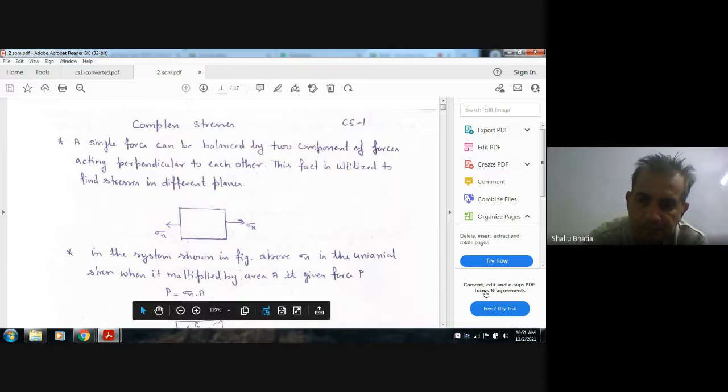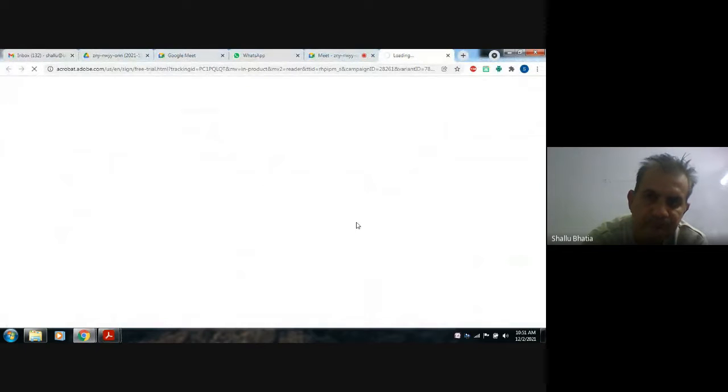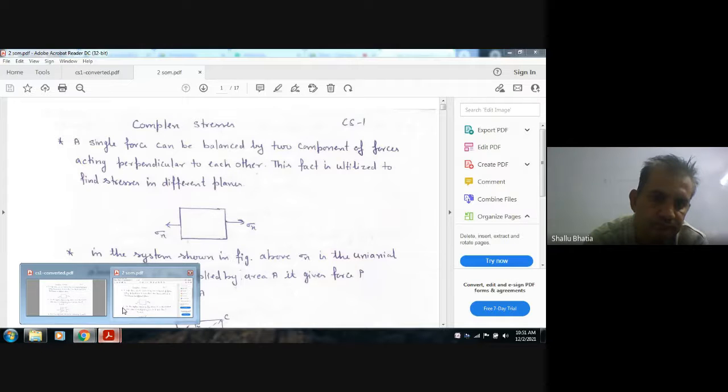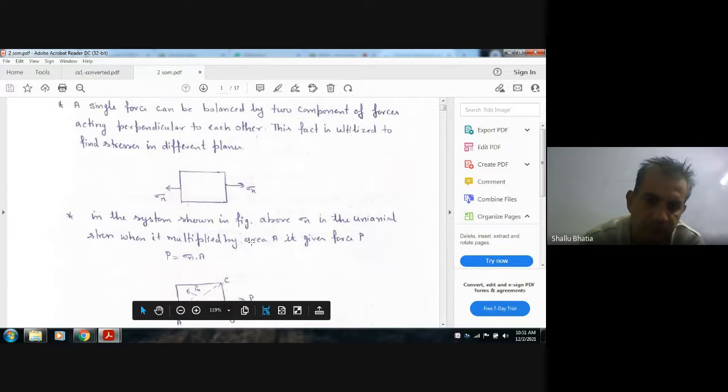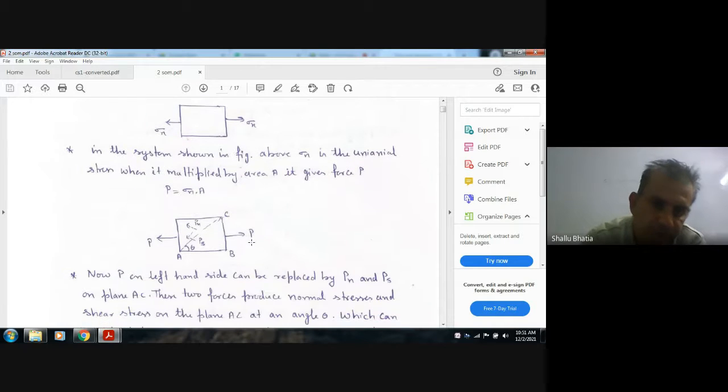Like this force acting on a body can be replaced by this Pn and this Ps.